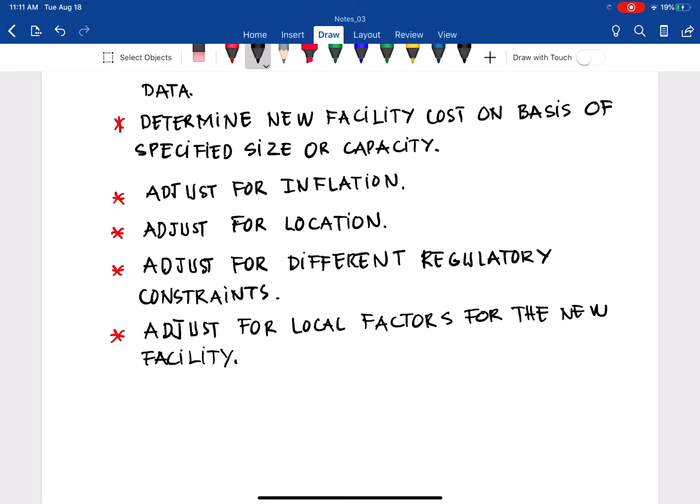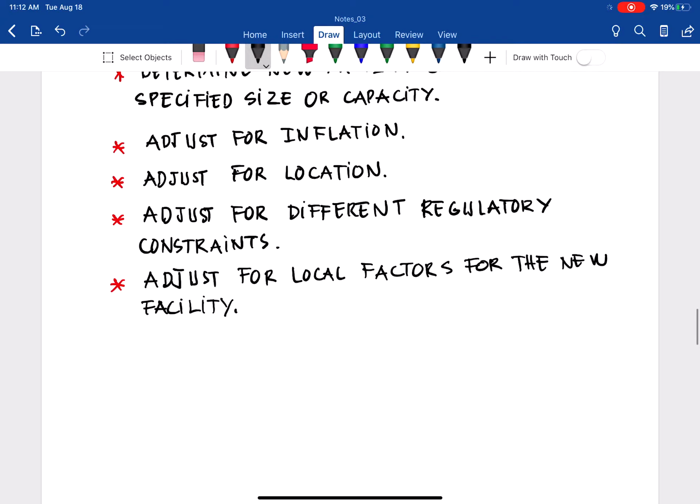You see climate change, things like that will make more severe weather, windstorms, etc. So the design standard changes, the wind load changes in Florida over time, and that also needs extra cost. So adjust for different regulatory constraint changes over time.